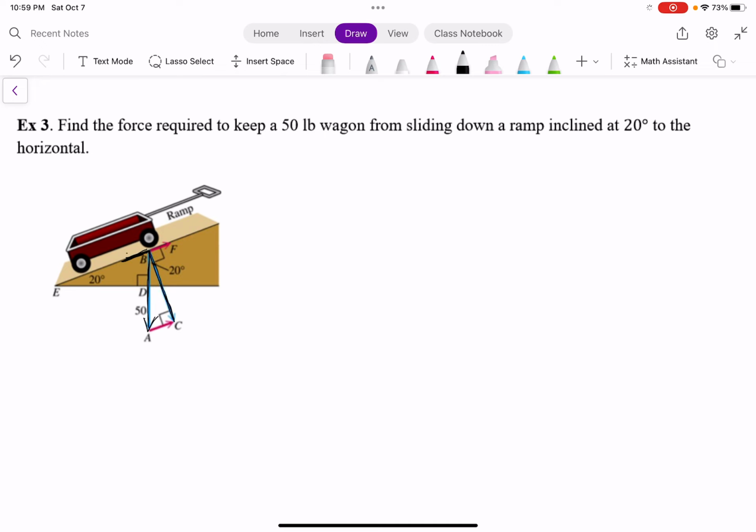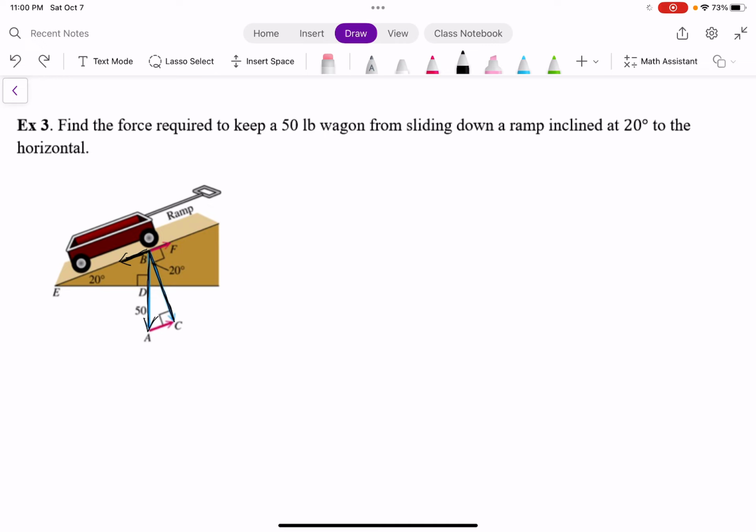This part of the force lets the wagon go down, so I need another force, we say F, going up parallel to the ramp to stop my wagon going down. So we are looking for the magnitude of the force F.